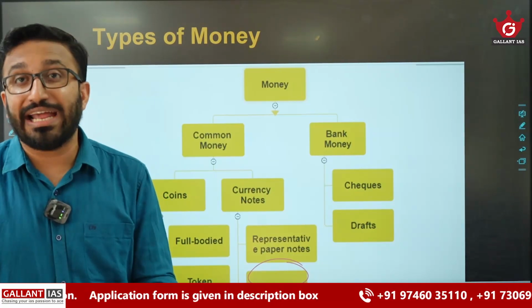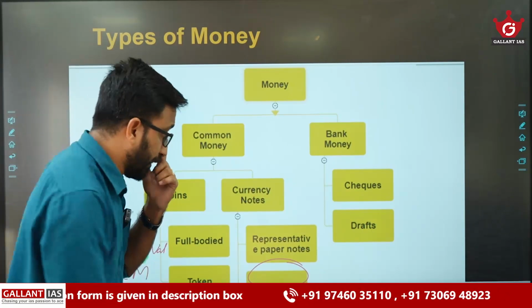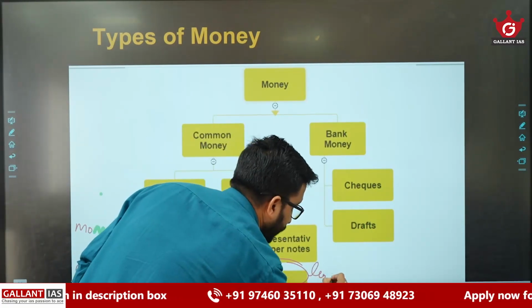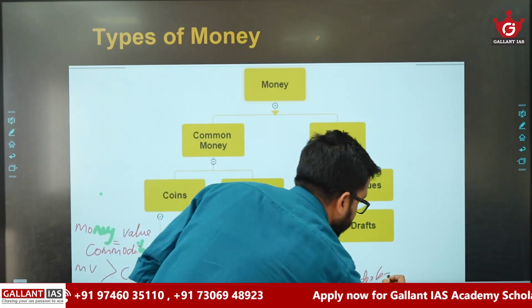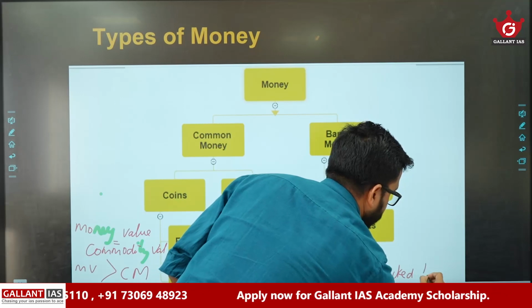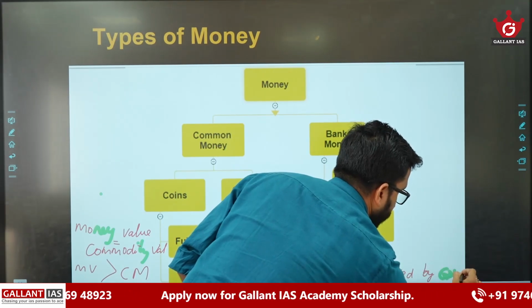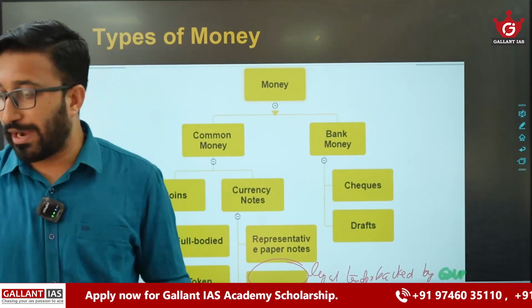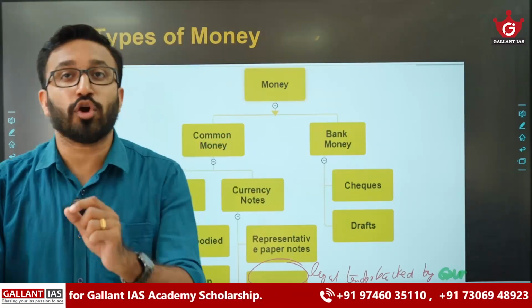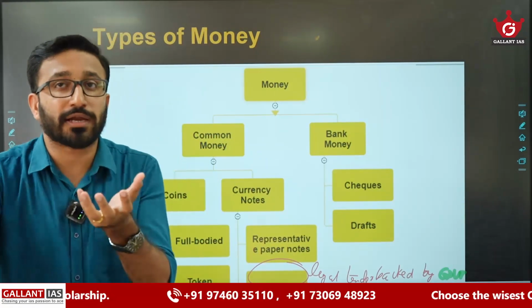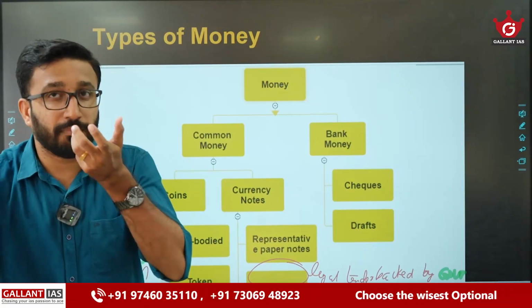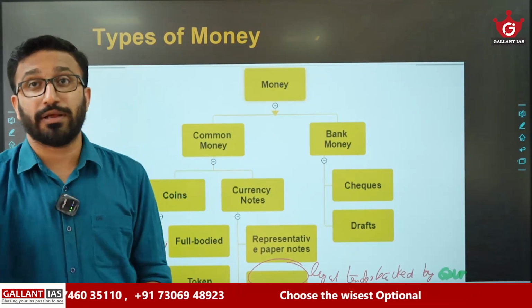It is a legal tender backed by the government. So it's a legal tender backed by the government. That means it is not backed by any commodity. The backing for the money is given by the government.